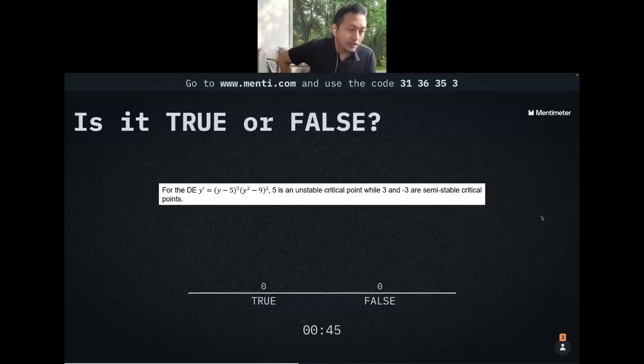It's only having y. We can say it's a critical point, or the other name is equilibrium solution. We know it's unstable, stable or semi-stable from the arrow. And how you get the arrow, you need to check whether it's positive or negative.